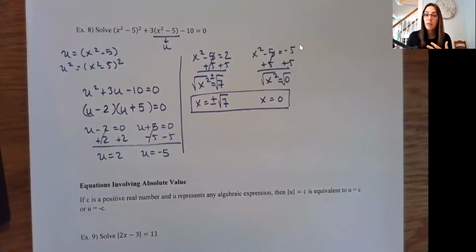I didn't have any radicals to start with, right? So the things that we really have to watch out for are the rational exponents, those radicals, and then from before, when you have x's in the denominator, we have to check all of those. This one we don't technically have to check. I didn't have anything like that going on, but it is always good to still check your answer. So I'll let you do that check at home.